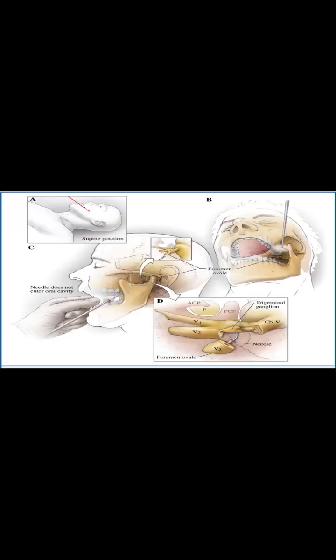The chemical that we commonly use is either absolute alcohol, or phenol, or an alcohol-phenol mixture, which will be injected into the trigeminal system. So this procedure delivers a small amount of chemical to the root of the affected nerve under fluoroscopic guidance into the trigeminal system. That is percutaneous glycerol rhizolysis.